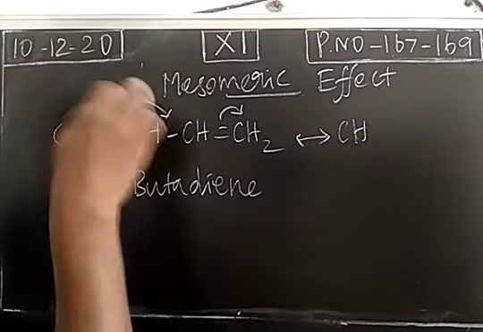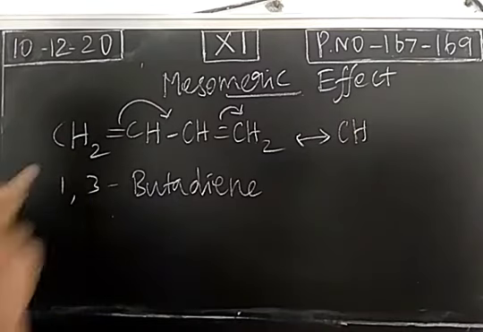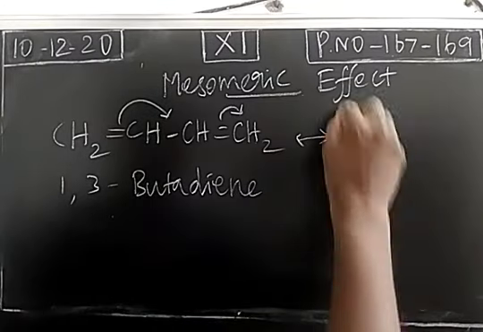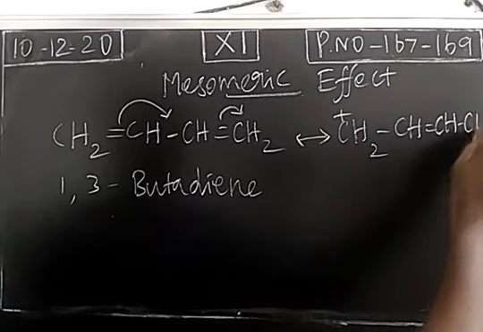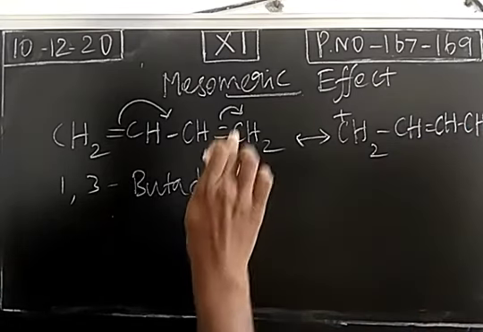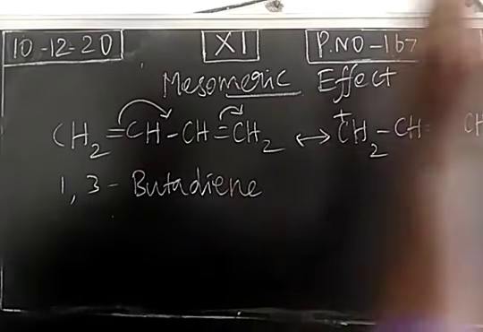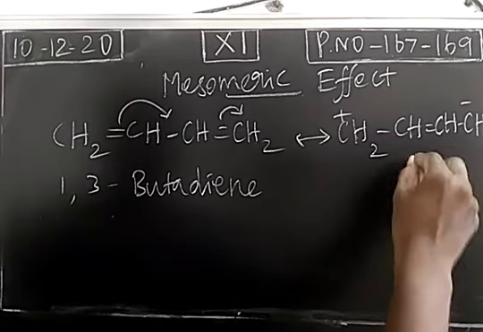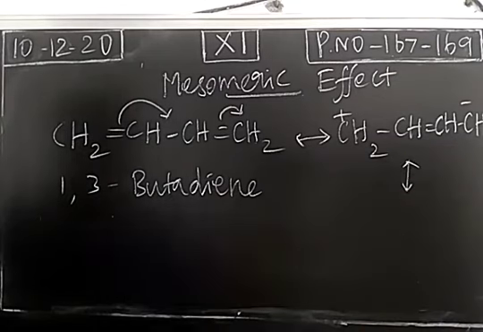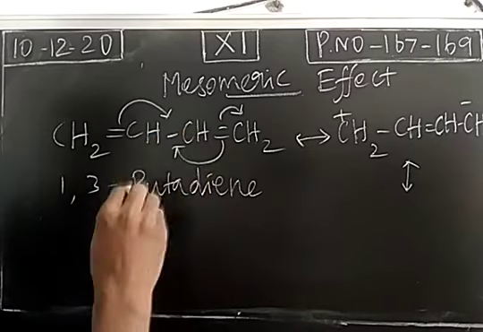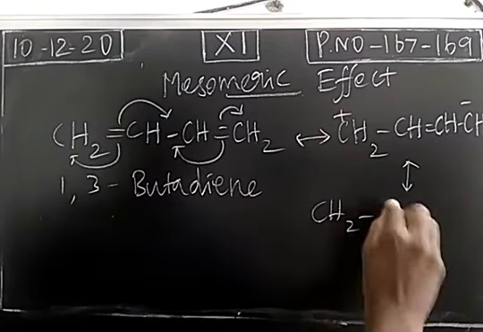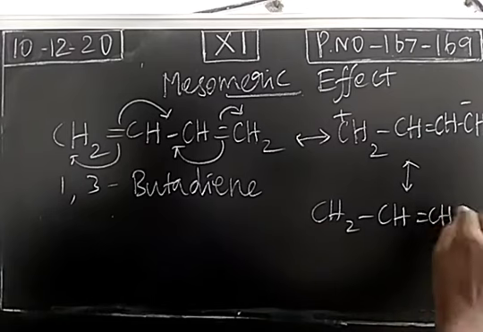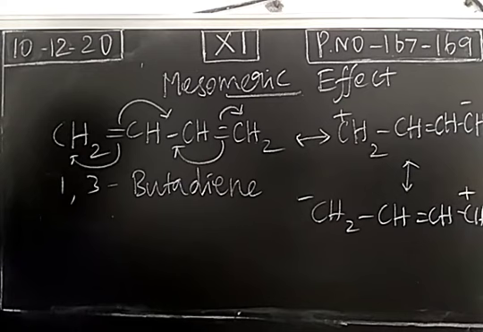The pi electron is moved to this side, so it gets positive charge. This pi electron is moved over carbon, so it gets negative charge. And one more possibility, if the shifting is in this way: CH2, CH double bond CH, CH2, this carbon gets positive charge, this will get negative charge.